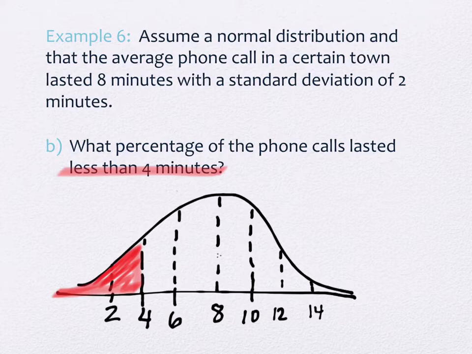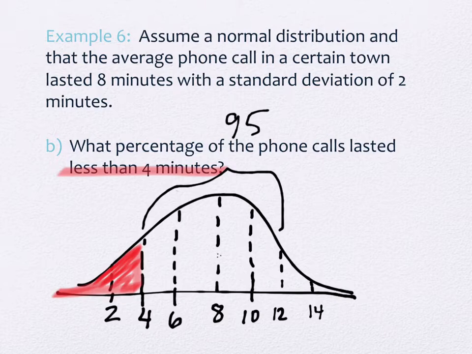So right now, here's what I know. Well, I know that all of this piece right here is 95, right? We agree with that? So it might be helpful then to think about what is just on this side of it. If that whole piece is 95, how much is the part I just shaded in yellow?